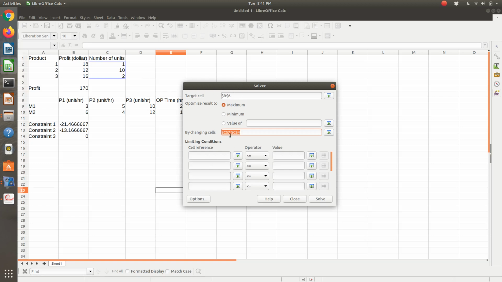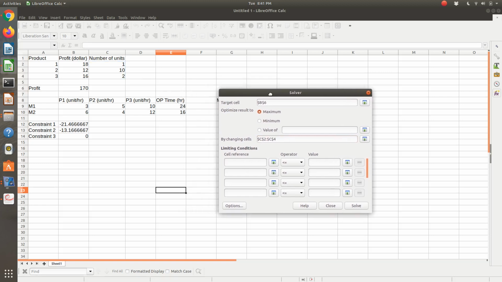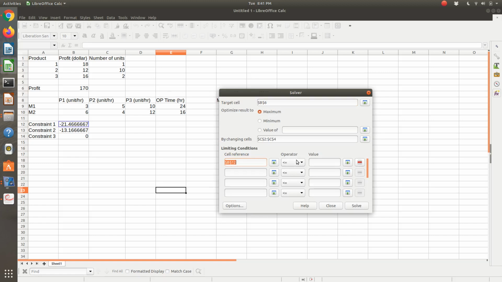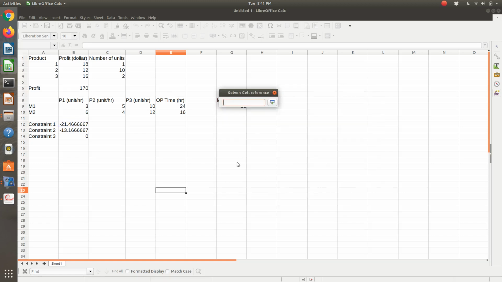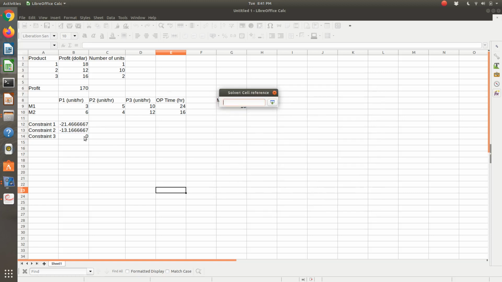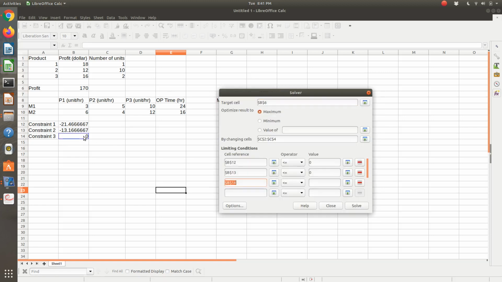And then I can list my constraints. In my case, I'll have constraint 1. The way I set it up, that's going to be less than or equal to 0. Constraint 2 is less than or equal to 0. And constraint 3 was also less than or equal to 0.